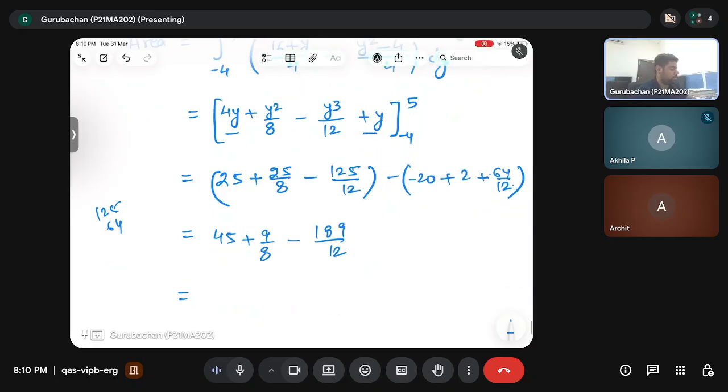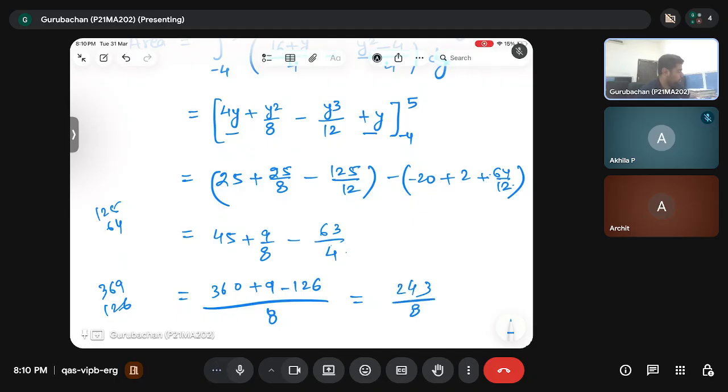So from here, this can be cut: 3 6s are 18, 3 3s are 9, divided by 4. From here you will get 360 plus 9 minus 126 divided by 8, and this will give you the value 369 minus 126, which is 243 by 8.